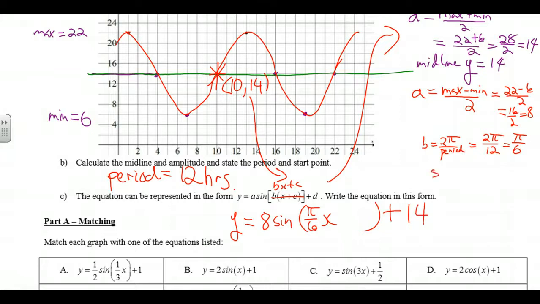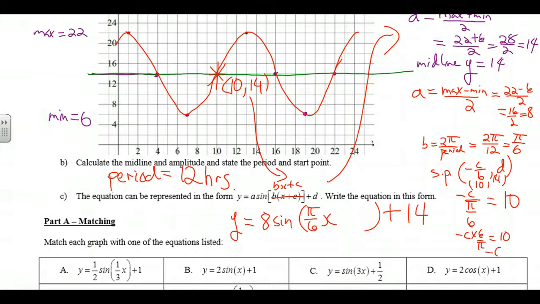So the start point is negative c over b comma d, which means negative c over pi over 6 is equal to 10, right? Because that coordinate is 10 comma 14. So negative c over b, and b is pi over 6, is equal to 10. We can change that to negative c times 6 over pi is equal to 10.